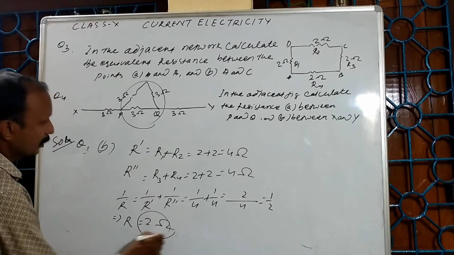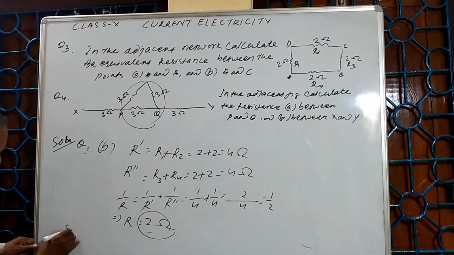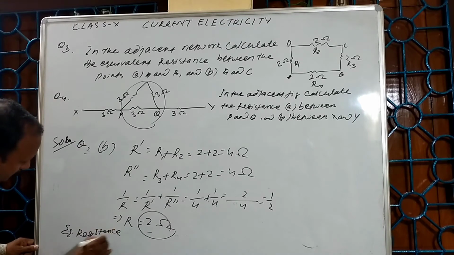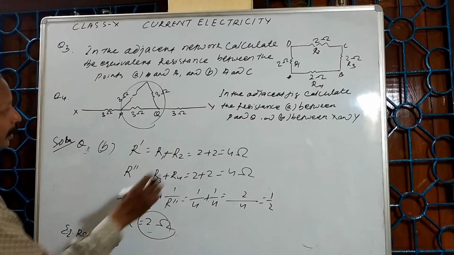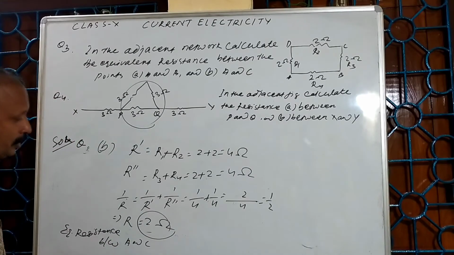That means this is the equivalent resistance between A and C.